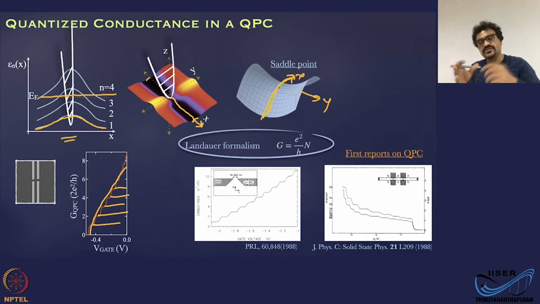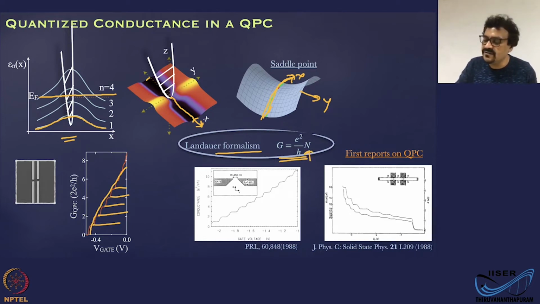We have also defined that this device performs in the ballistic transport regime. What that means is the dimension of this constriction is much smaller than the mean free path. So you don't need to worry about any reflection or scattering inside the channel. As per the Landauer formalism, the conductance should go in a step-like manner with the number of channels.